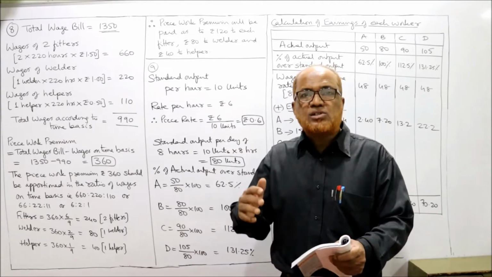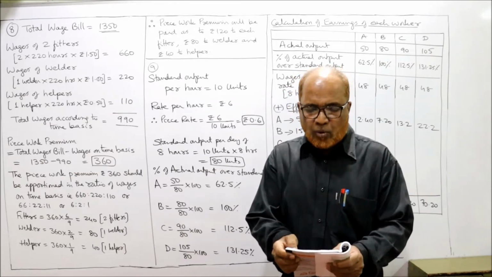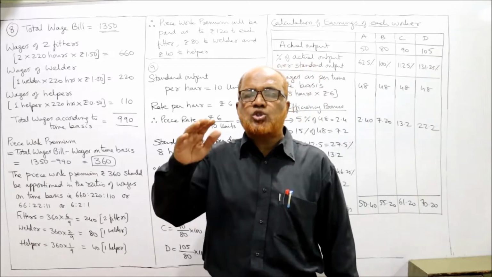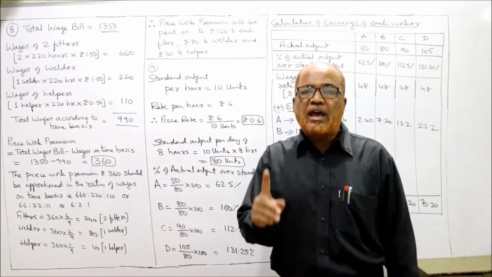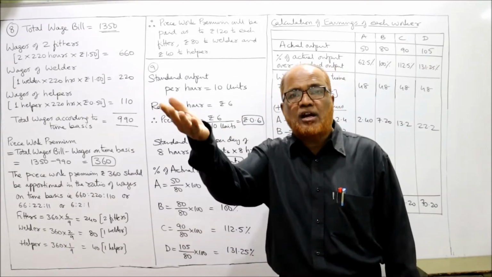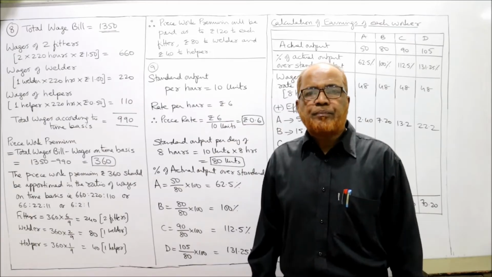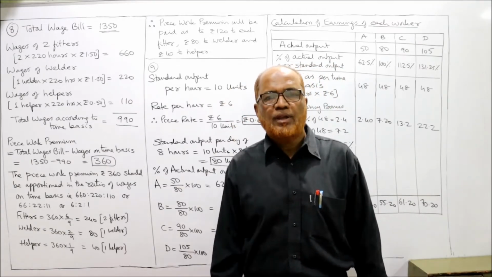For an increase of every 1% efficiency beyond 100%, the bonus also rises by 1%. So if a worker has produced more than 100% of standard, for every 1% over 100%, the bonus will also increase by 1%. For example, up to 100% he gets 15% bonus.